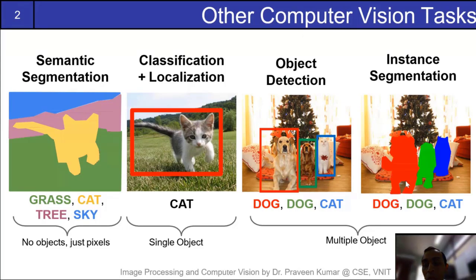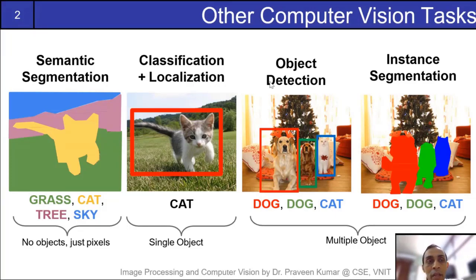We want to segment out the object exactly, basically. So that involves combining this segmentation task and this object detection task. So the difference between object detection and instance segmentation is basically we are not just drawing a bounding box, but we are actually drawing the actual boundary or the contour of that object.